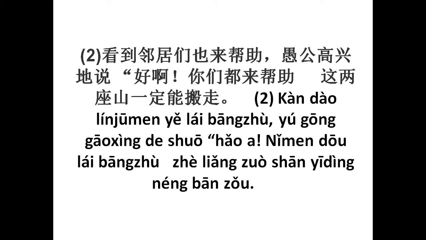So here Yugong said, you have come to help us. These mountains would be moved. We have to use the word for us here, that is zanmen. Let us read the third sentence.